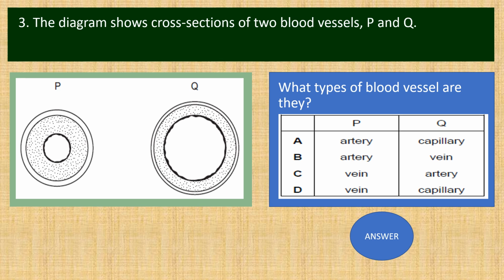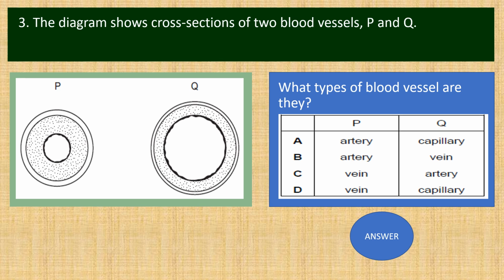We are now in question number 3. The diagram shows cross-section of two blood vessels, P and Q. Look at the graph. On the left, that is P, and on the right, that is Q. What types of blood vessel are they? A. P is artery, Q is capillary.